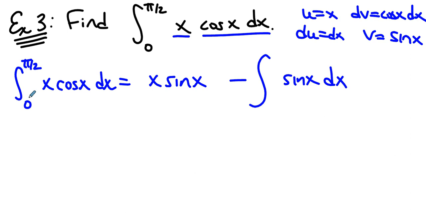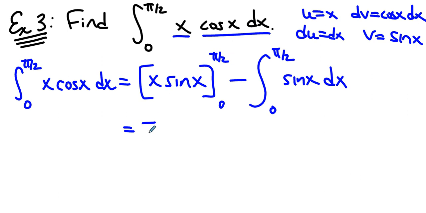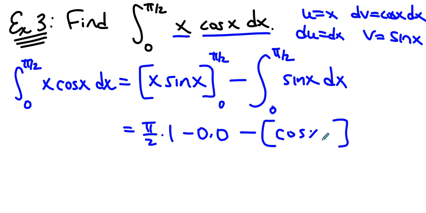But there were bounds here. So we do this between 0 and pi over 2, and we do this integral from 0 to pi over 2. So what is that? Well, this is pi over 2 times the sine of pi over 2 minus 0 times the sine of 0 minus the antiderivative of sine x from 0 to pi over 2.